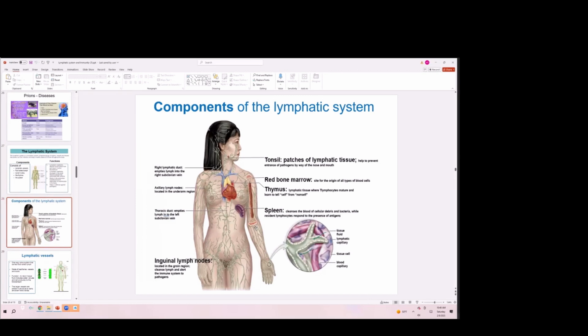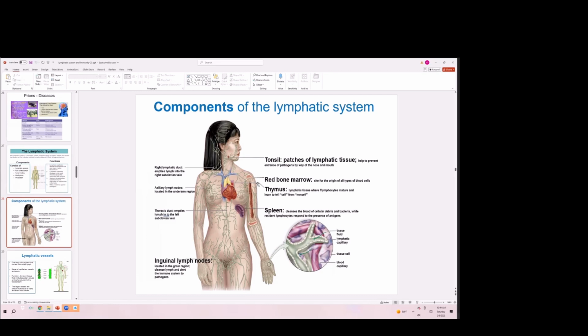If you look at the components, starting from here, this is our heart. Just above our heart, we have this tissue called the thymus gland. What does the thymus gland do? It is here that a kind of white blood cell goes to mature.